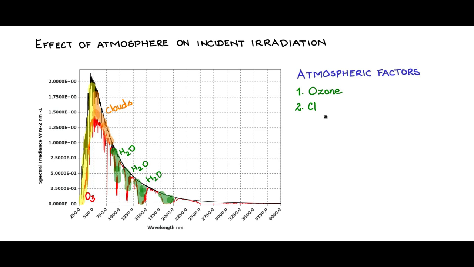So let me list out the factors: clouds and scattering, and the scattering may be due to dust and other particulate matter suspended in the atmosphere. Then you have water vapor, which is a very significant factor in absorption and therefore attenuation of the spectral irradiance, and all the other gases in the atmosphere, which include oxygen and carbon dioxide, which absorb some of the spectral irradiance components to some extent.